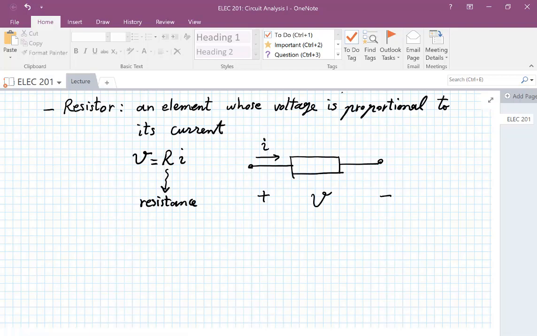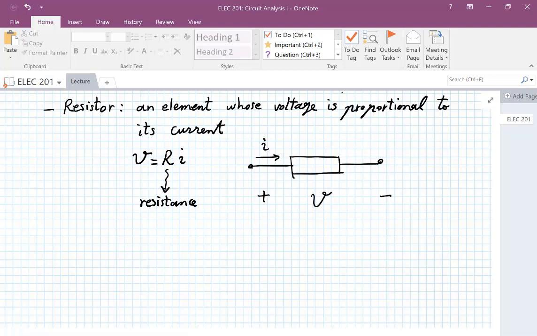The same picture applies in the flow of electric charge. So you have these charged particles inside materials, and they're moving. And now the unit of charge is coulomb. So you say we have 1 coulomb of charge, or a microcoulomb of charge, or a nanocoulomb, or what have you.